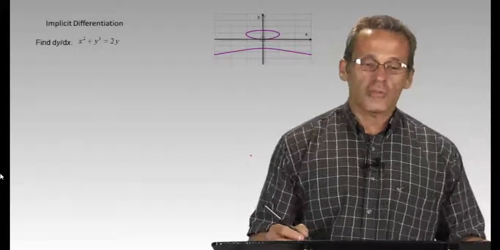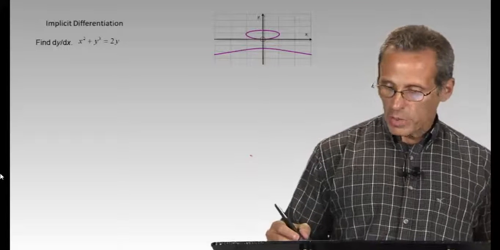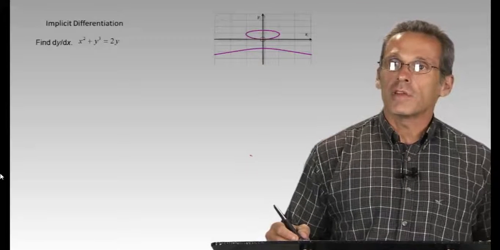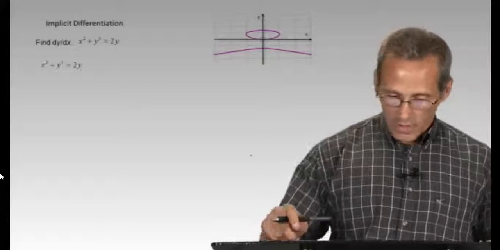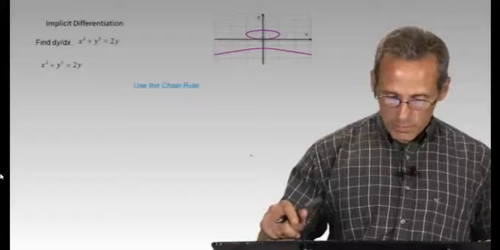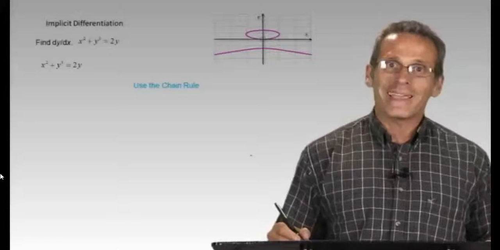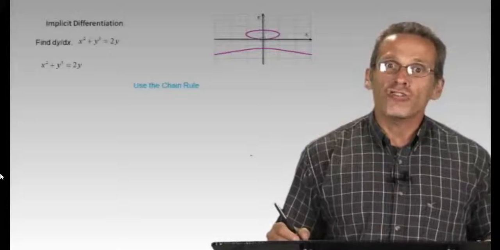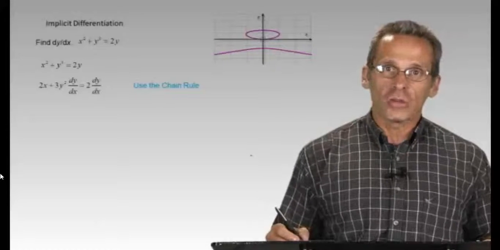Let's look at a second curve. x squared plus y cubed equals 2y. We can see the graph of this particular equation off in the corner. First thing we do, we write down the equation, and then we use the chain rule to differentiate. Any term that has a y, we apply the chain rule. Differentiate x squared, we get 2x.